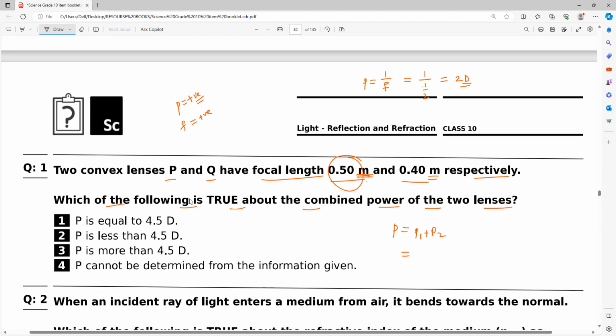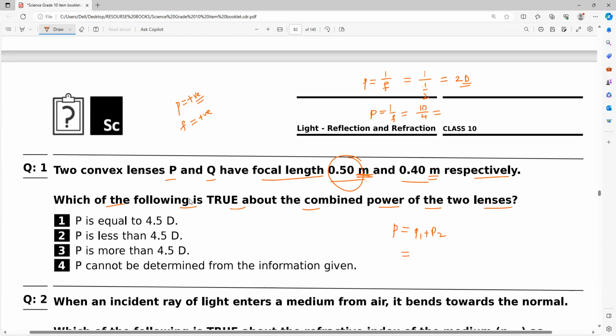First one done. Second one is 1 by F, F is equal to 1 by 0.4. 0.4 means how much? 0.4 means I'll write 10 by 4. Is it right, everybody? So 2.5. Am I right, Hari? All of you?